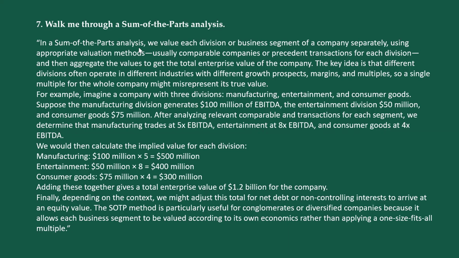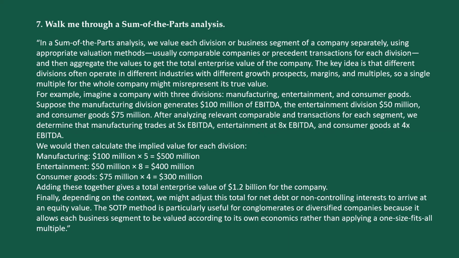The idea is that each division may have different growth prospects, profit margins, and risk profiles. So valuing the company as a single entity using one multiple can be misleading. Instead, what we do in sum of the parts analysis is we value each division independently.